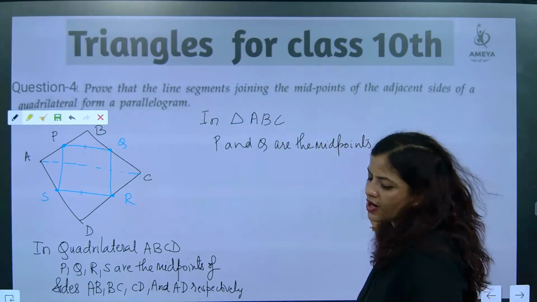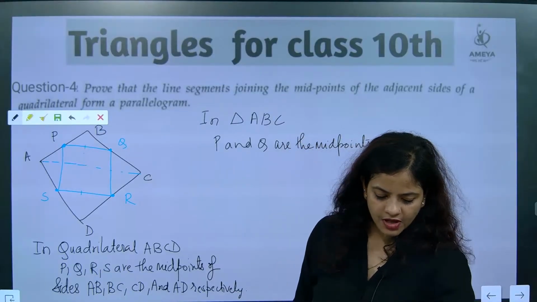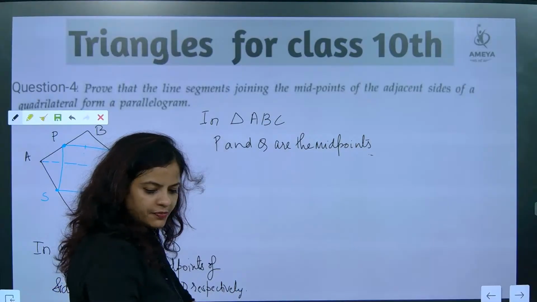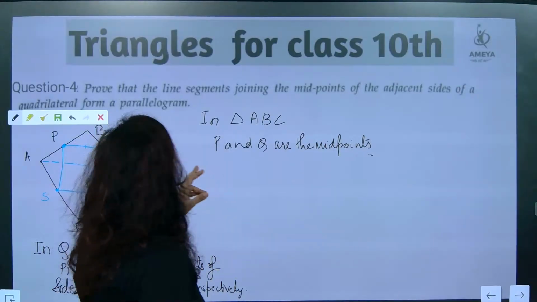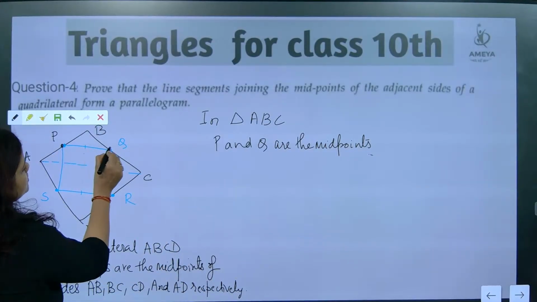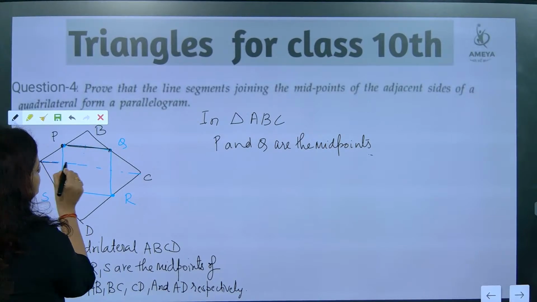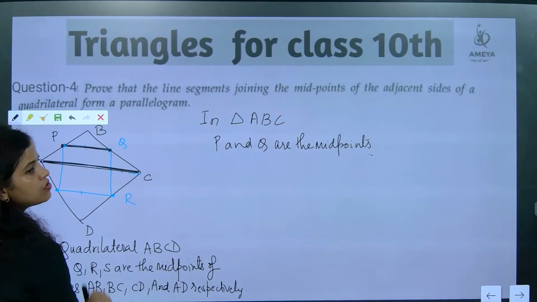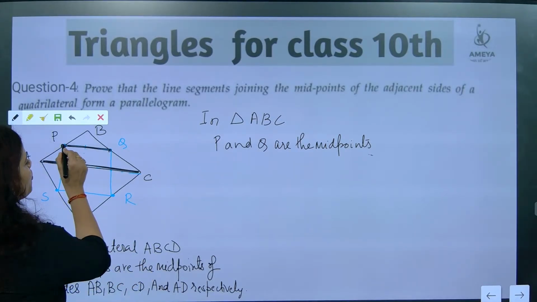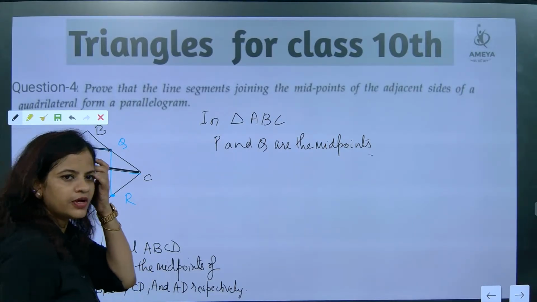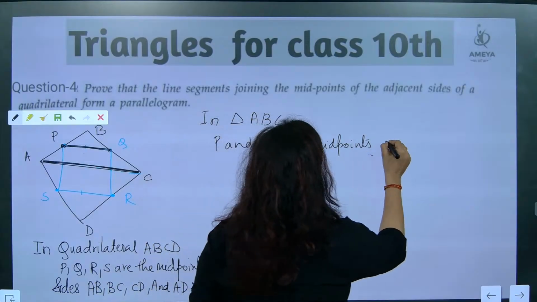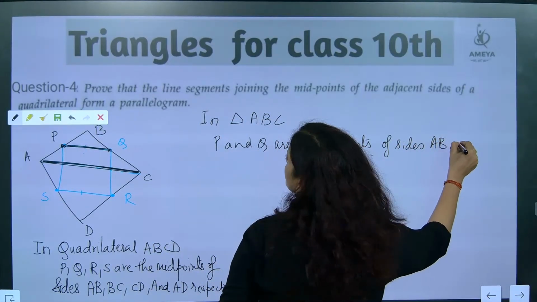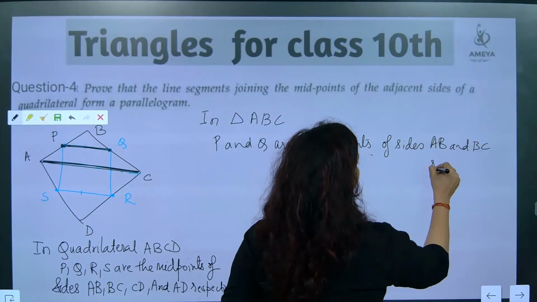So if P and Q are the midpoints, what are we going to write here, beta? If this is midpoint and this is midpoint, and we join this, this will be parallel to this, correct? Because the line joining midpoints will be parallel to this one. So therefore, P and Q are midpoints of sides AB and BC respectively.